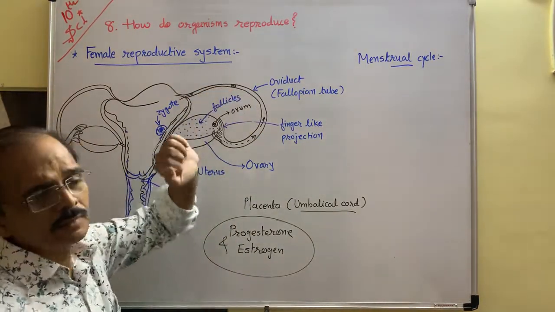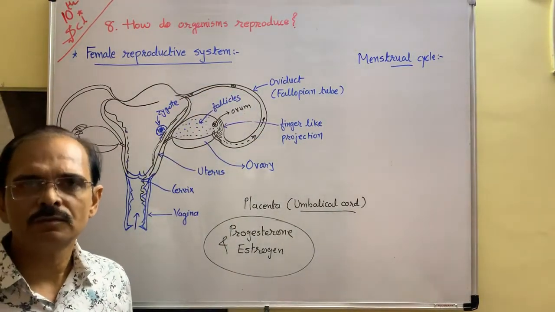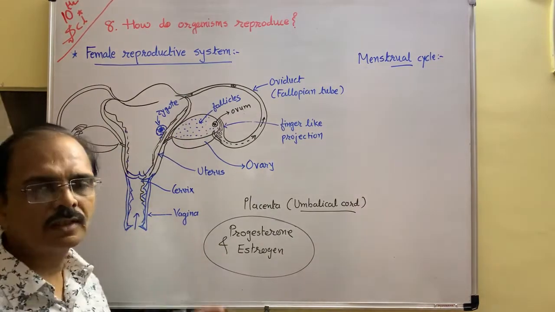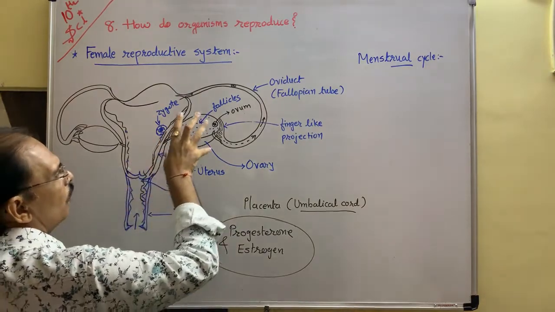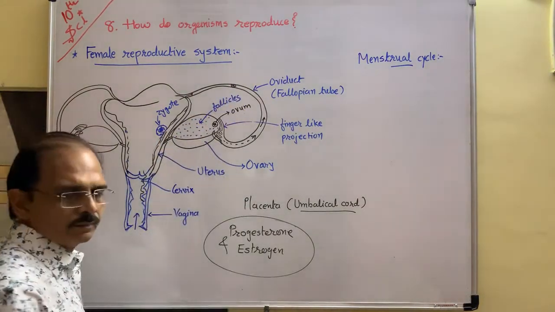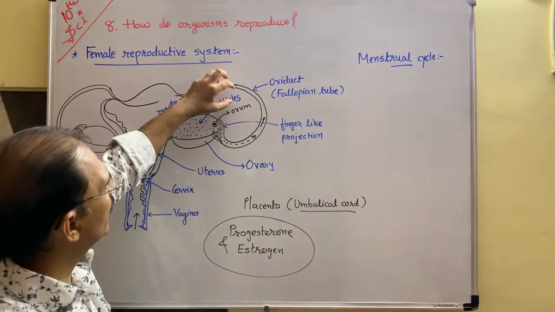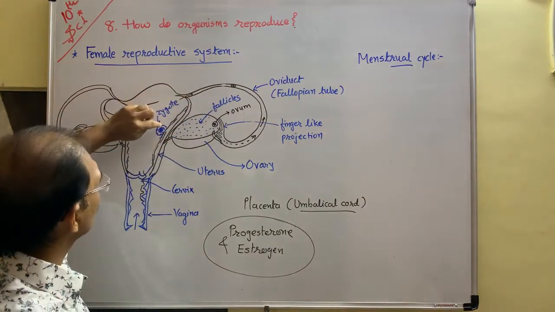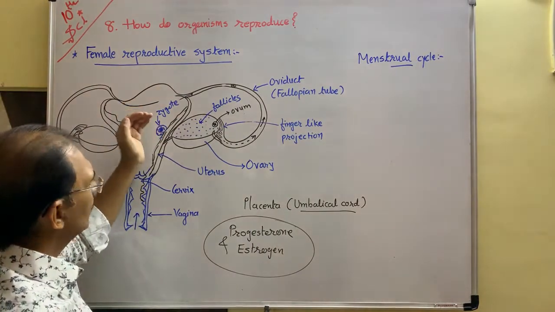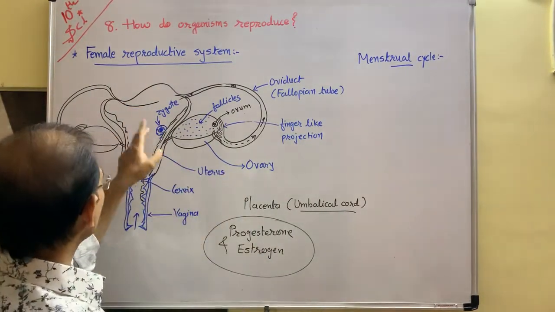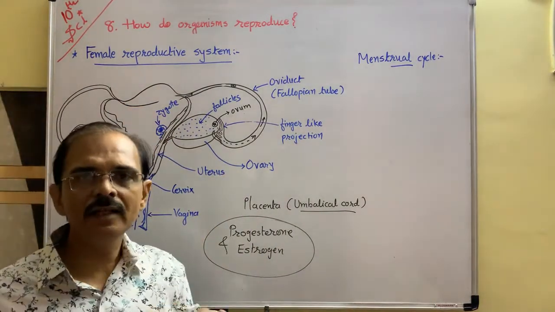sperm does not meet for fertilization, meaning intercourse is not done. At that time sperm is not there. So what happens? This ovum waits for 5 to 7 days and after that it tumbles down. Here zygote is not formed, only ovum is there, and then this ovum and the blood capillaries disintegrate.